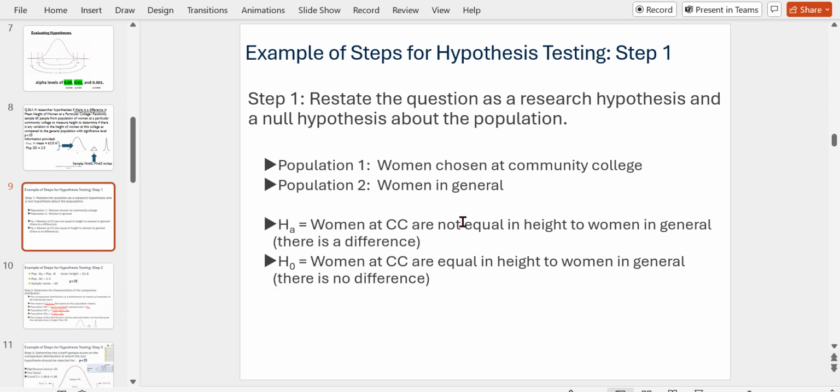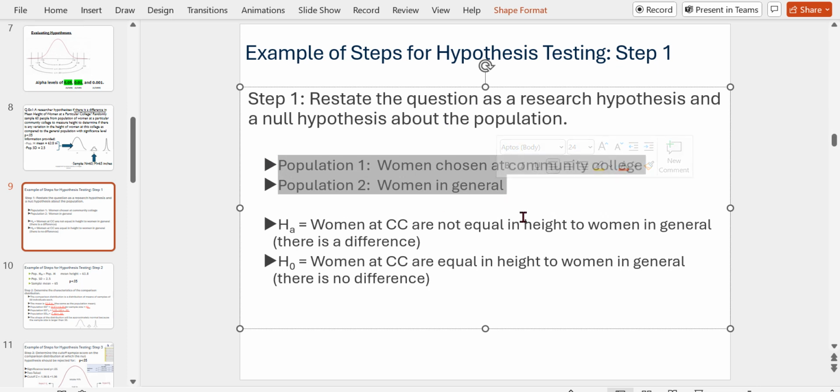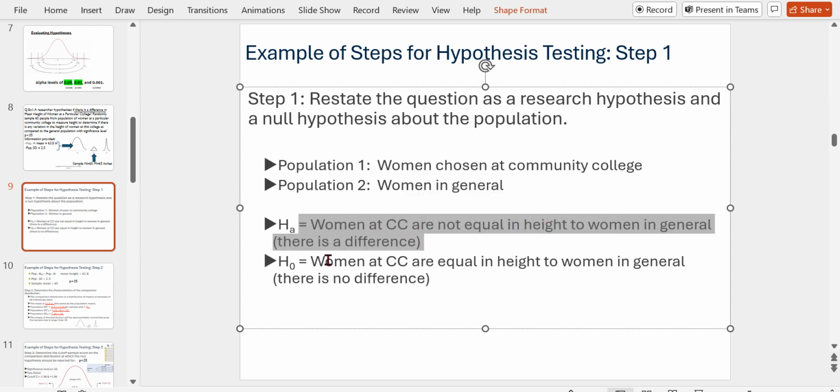Okay, here we go. Remember, step 1, state your population 1, population 2. Population 1 is who you are looking at. Population 2 is people in general. And then there's your alternative hypothesis and the null.